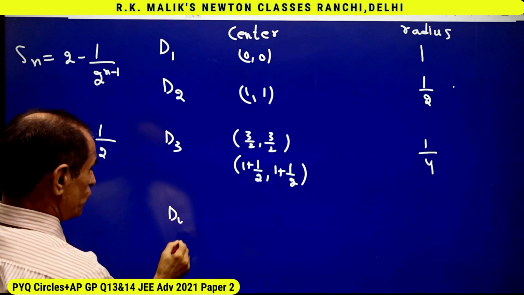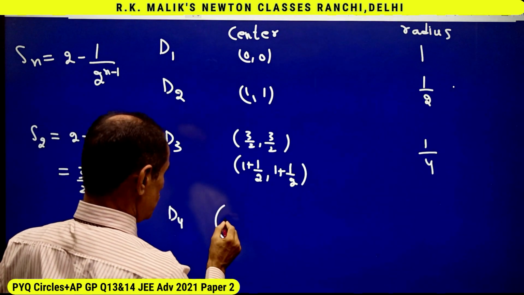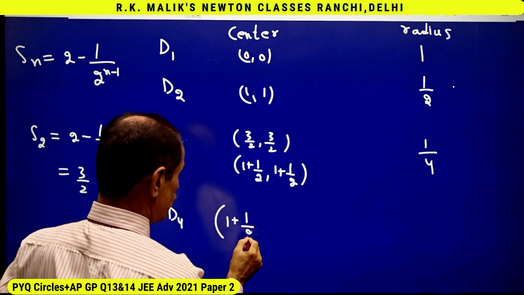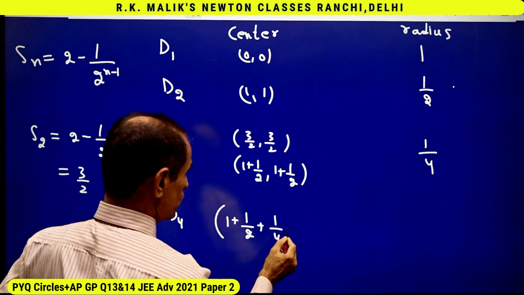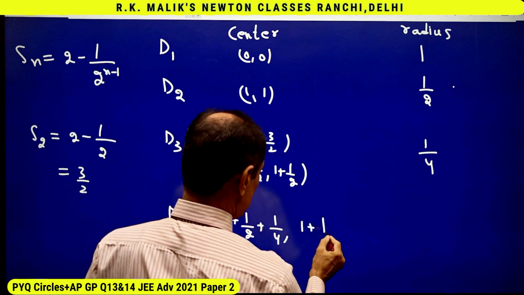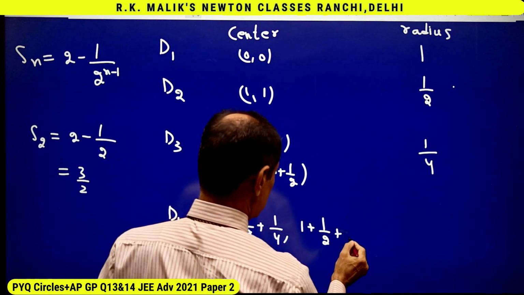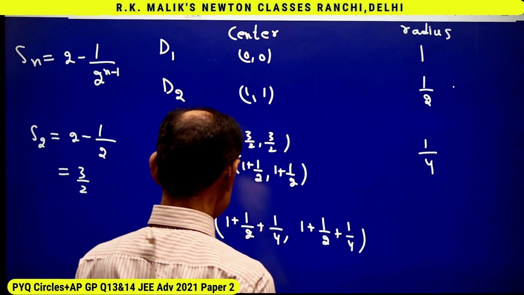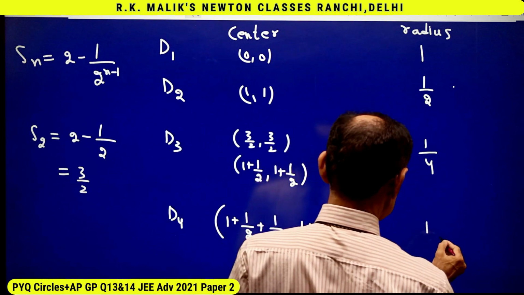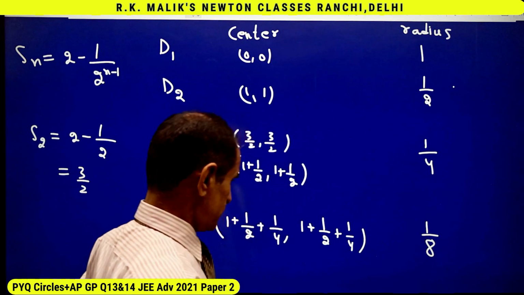Similarly for D4, center is 1 plus 1 by 2 plus 1 by 4, 1 plus 1 by 2 plus 1 by 4, and radius 1 by 8, and so on.